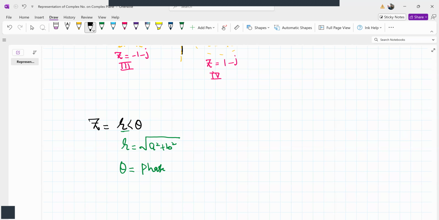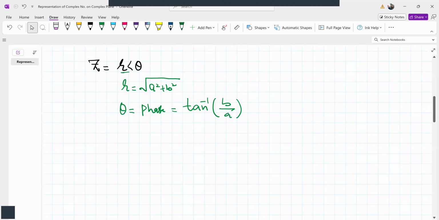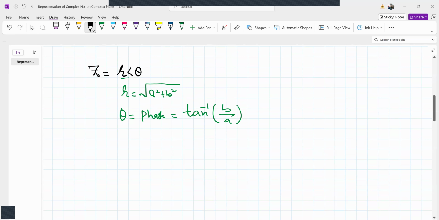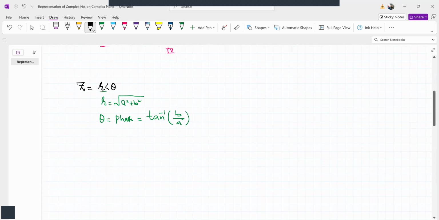How is this phase related to this? In rectangular components, phase is given as tan inverse of the imaginary part divided by the real part. Now if we use this representation to draw this complex number on a complex plane, how do we do that? So we draw the real and imaginary axes of this complex plane.